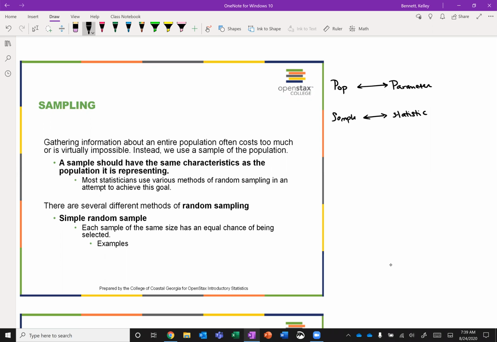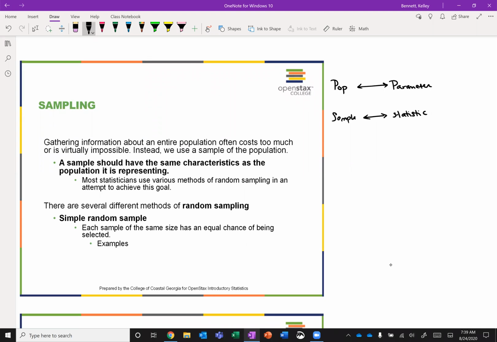I got a sample of 100 students, but they were all 18-year-old females from Channelview. That's not really representative of the San Jac population. I would need gender diversity, geographical diversity, and age diversity, because we're such a diverse campus. Those are the things we want to think about when we are creating a sample.